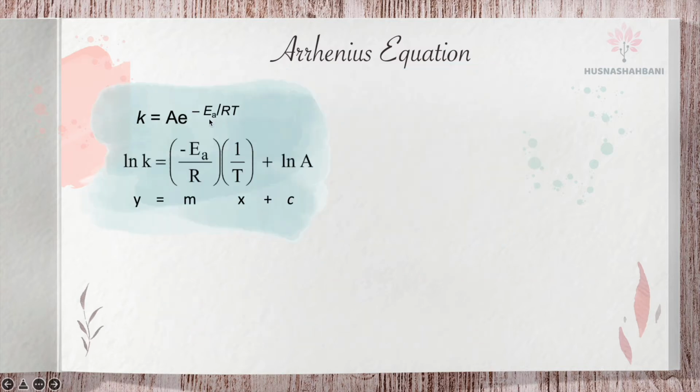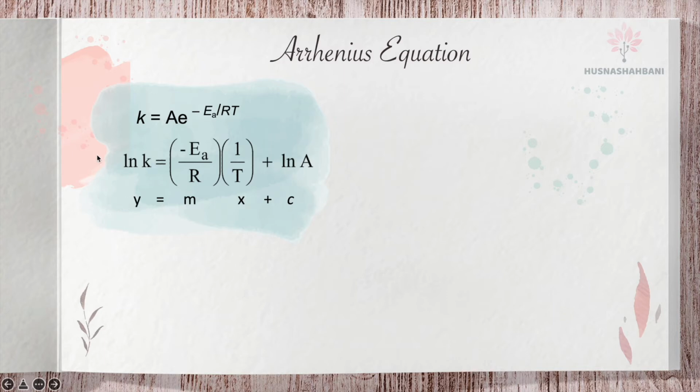From this Arrhenius equation, you can put ln. You get ln k minus ln A equals negative Ea over R, activation energy over R, times 1 over T. And then you move the ln A to the right side, it will become ln k equals negative activation energy over R times 1 over T plus ln A. And you can compare this equation with y equals mx plus c.